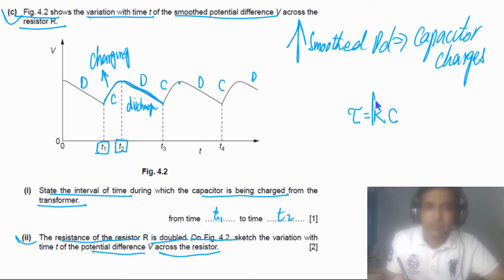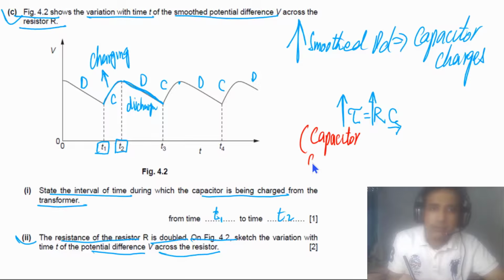If resistance is double, capacitance of capacitor is the same, so the tau of the capacitor will increase. If tau of the capacitor increases, it means capacitor will discharge slowly.